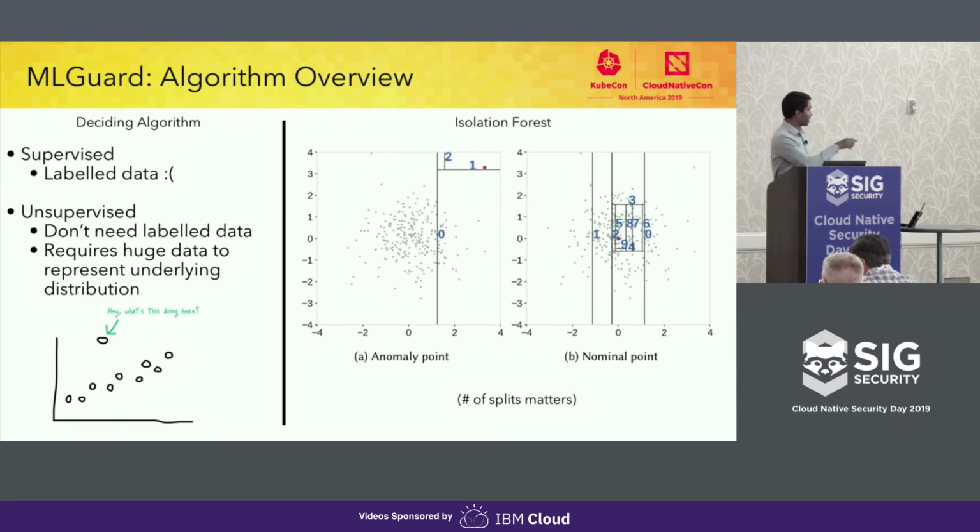If you take one cut and the point is isolated, it's an outlier. But if you need 10, 15, 20 cuts to split the data and isolate a point, the point is normal. That's what is shown here: if the red point can be isolated in 3 cuts, it's an outlier. But the red point in the center, we have to go through almost 7 or 8 cuts, which means it's not an outlier, it's a normal point. And that's the basic idea behind isolation forest.